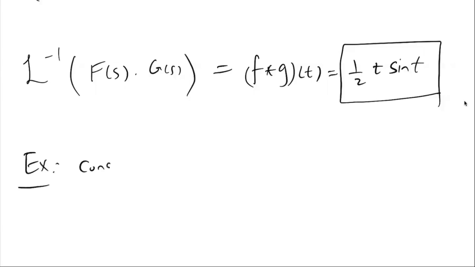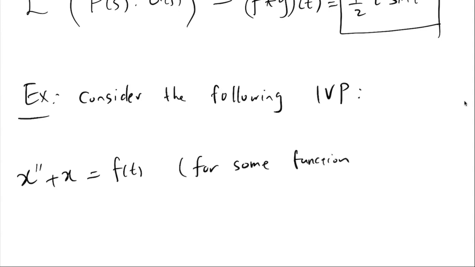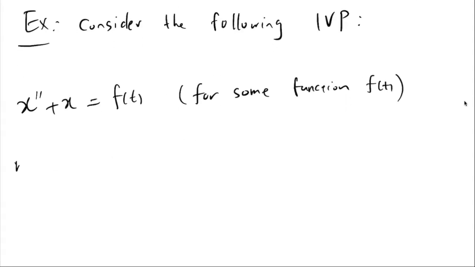Consider the following initial value problem, or IVP. X double prime plus x equals f of t for some function f of t, with x of 0 equals x prime of 0 equals 0.